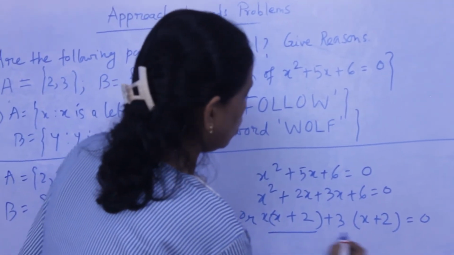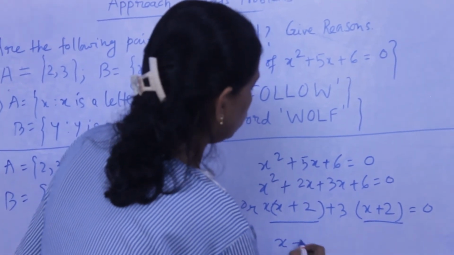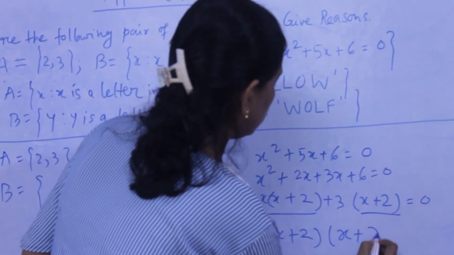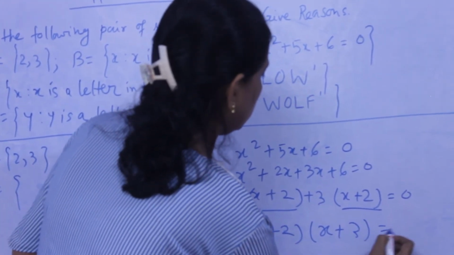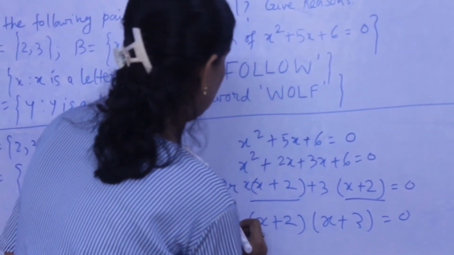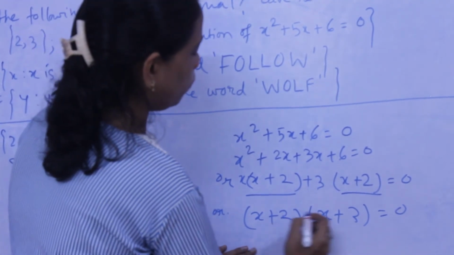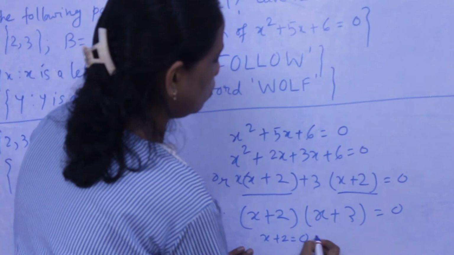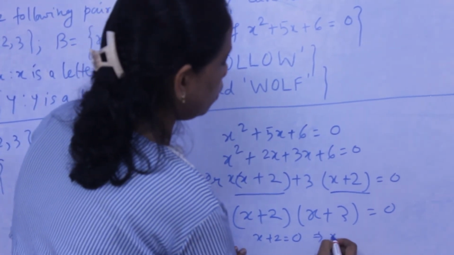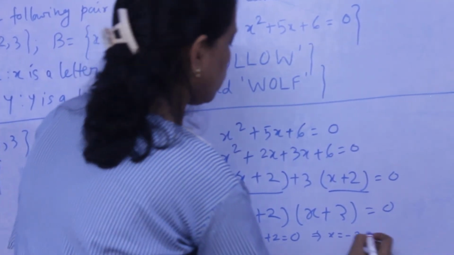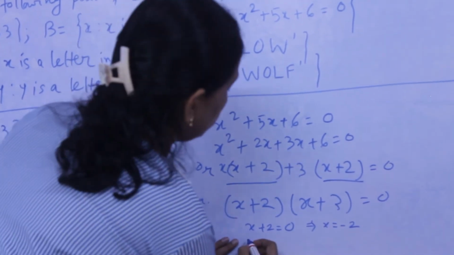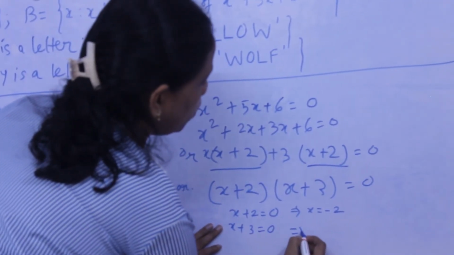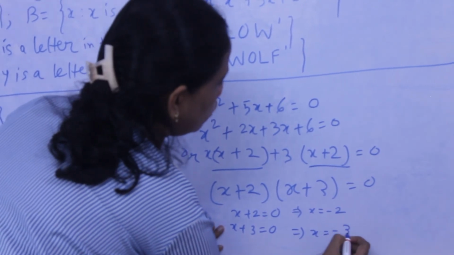We take common elements here: (x plus 2)(x plus 3). So here if x plus 2 equal to 0, that implies x equal to minus 2. And if x plus 3 equal to 0, that implies x equal to minus 3.